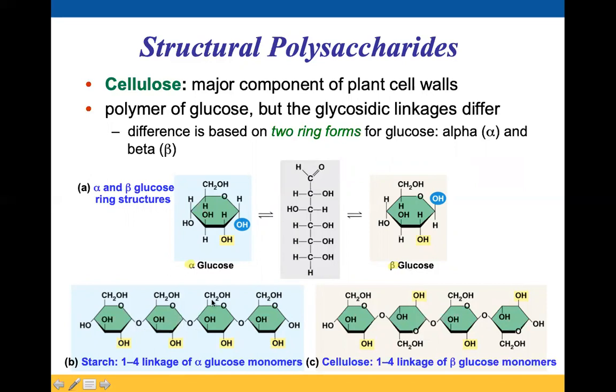I have another glycosidic bond here, another one here. If you look at the beta glucose, it forms these alternative glycosidic bonds and you actually cannot digest it. So all of the cellulose that you would eat in things like celery or lettuce, for example, you don't really get any caloric value from it because it just passes through as fiber. It's one of those weird, interesting things that because of the shape of your enzymes, you can't actually break them down.